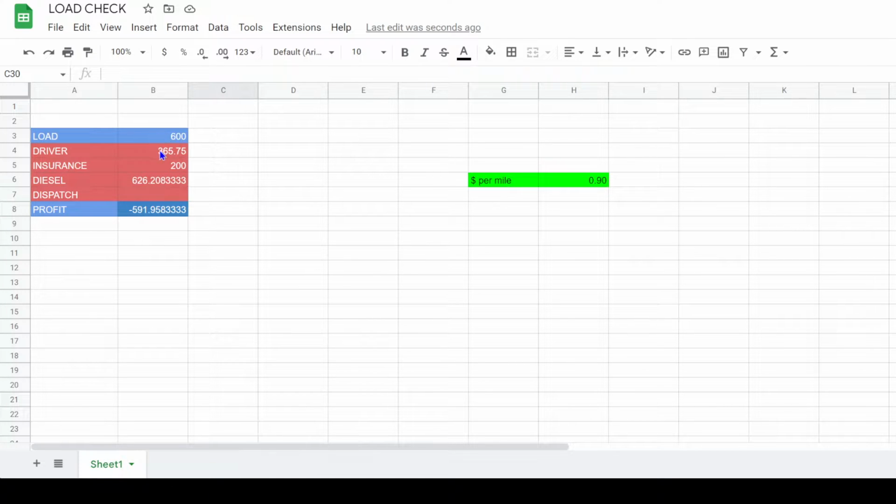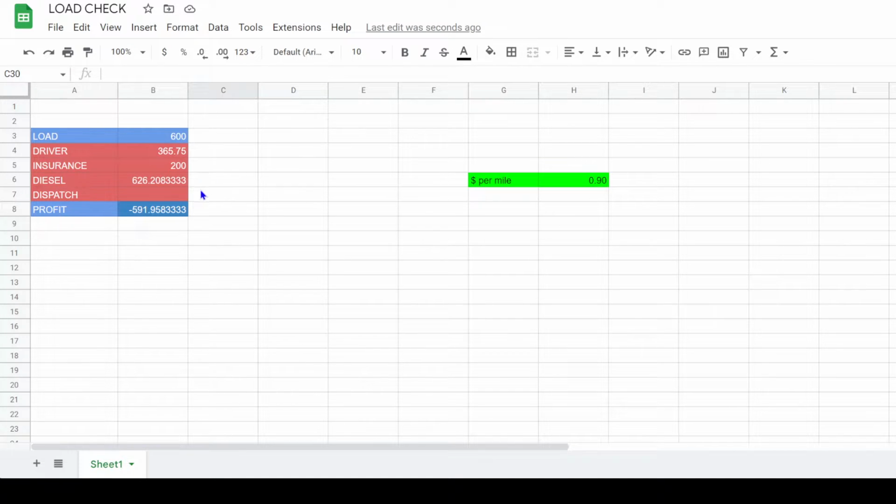Right off the bat, let's just do a little breakdown of how this works. So they were paying $600. The driver would have gotten paid $365.75 according to the rate, which is 0.55. The insurance for this load would have been $200. It's $100 per day because I paid $3,000 in insurance and the parking of the truck.